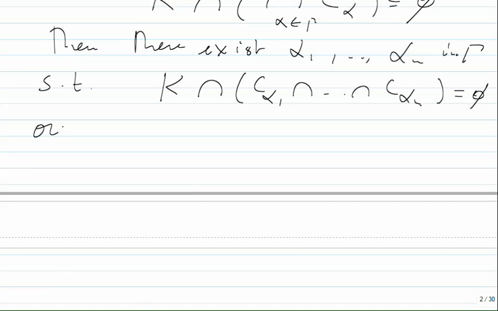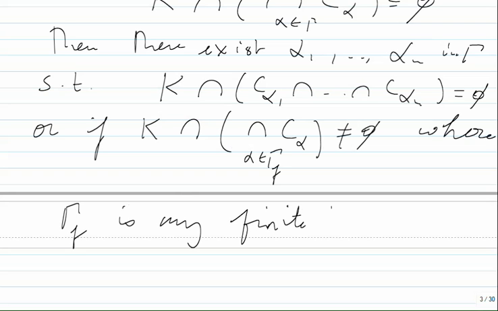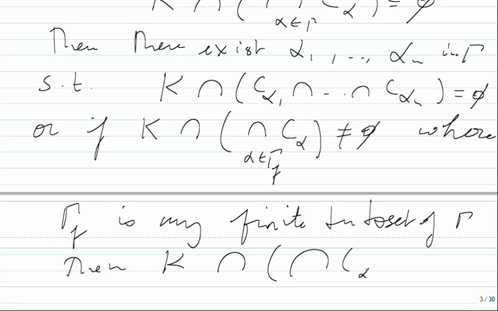Or equivalently, if K intersect any finitely many of them is not empty, where Gamma_f is any finite subset of Gamma, then K intersects all the C_alphas.